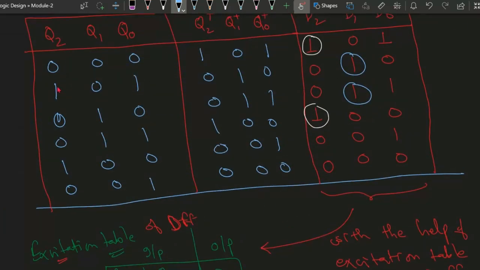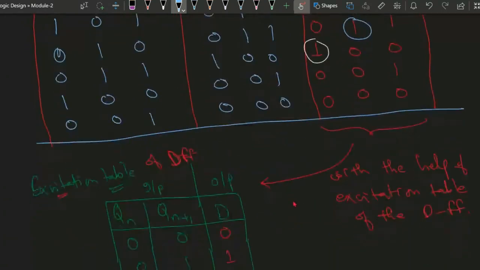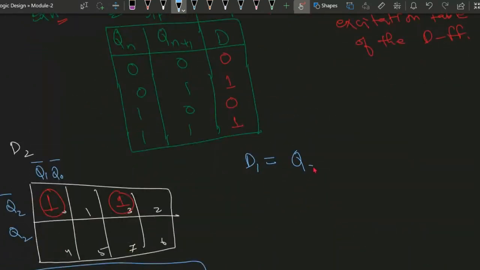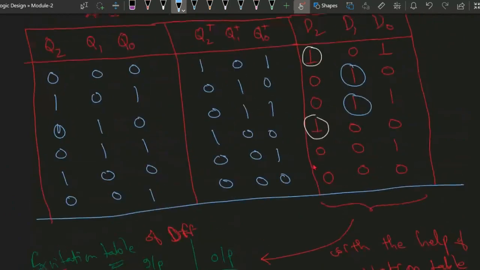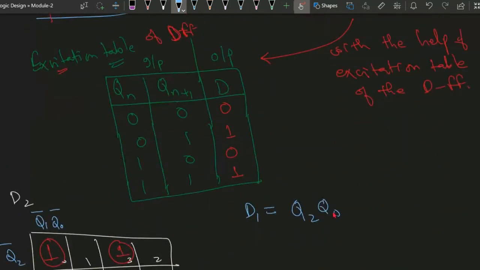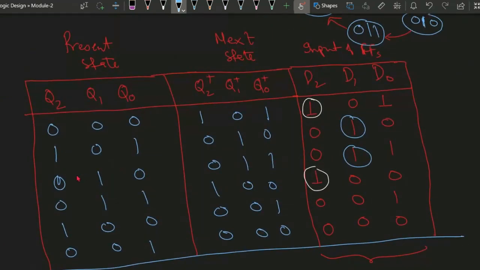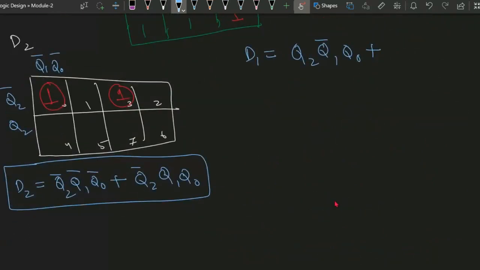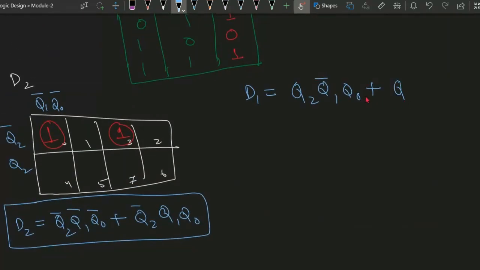So this is Q2, Q1 bar, Q0 plus Q2 bar, Q1, Q0 bar. So this is the D1.